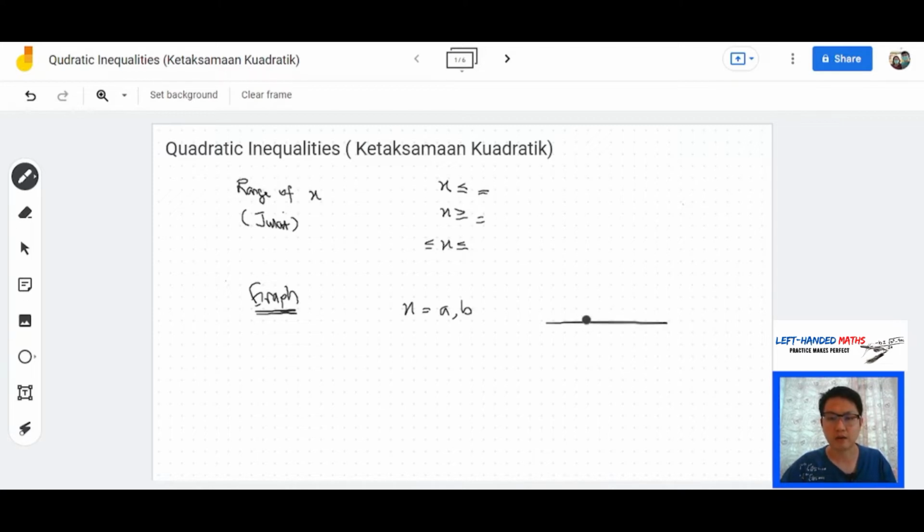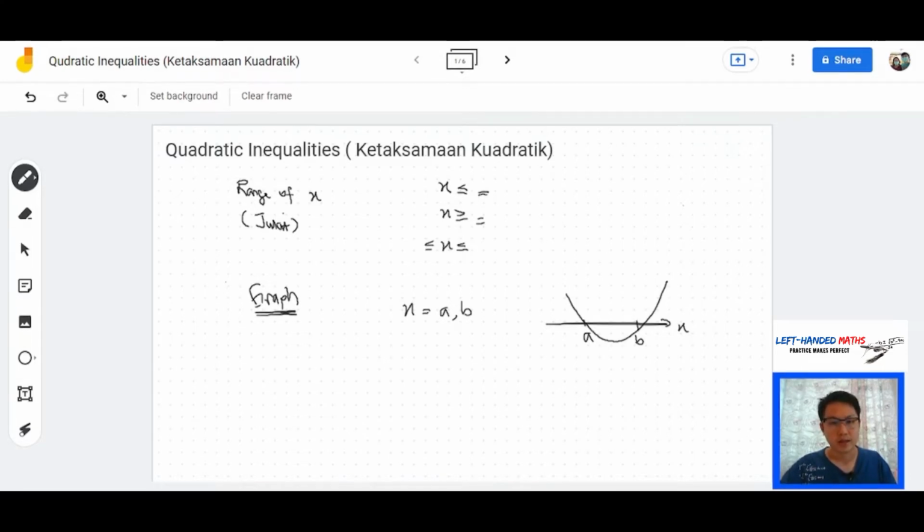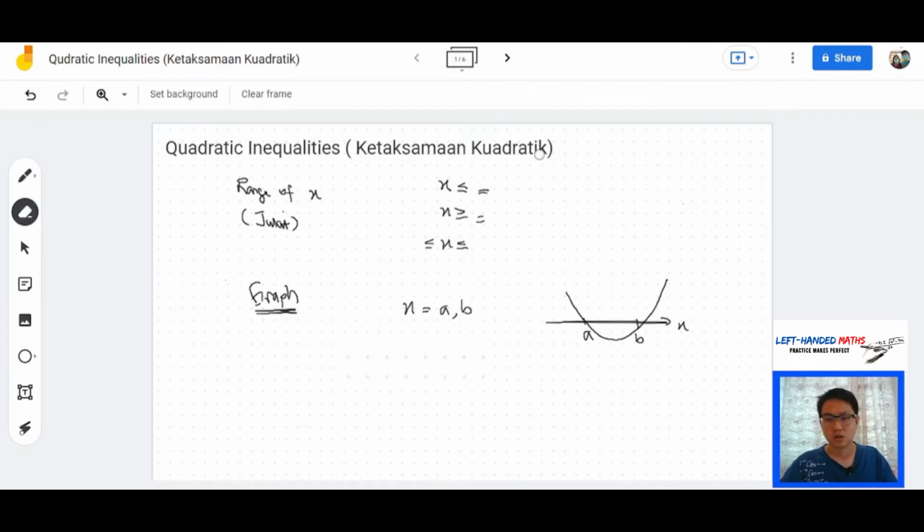We put a and b on the line, which is the x-axis, and sketch a graph. A is the smaller value on the left-hand side, and b is the bigger value on the right-hand side.